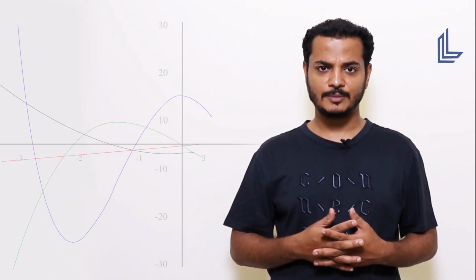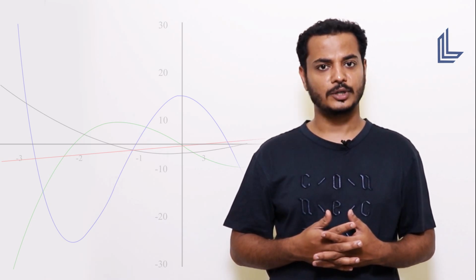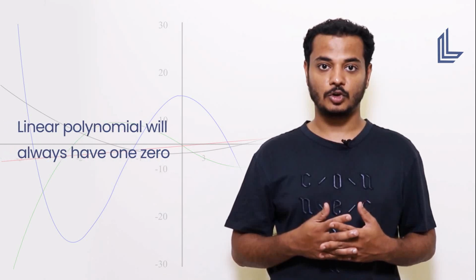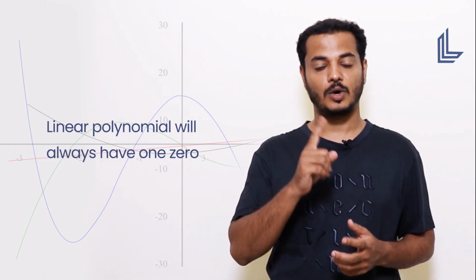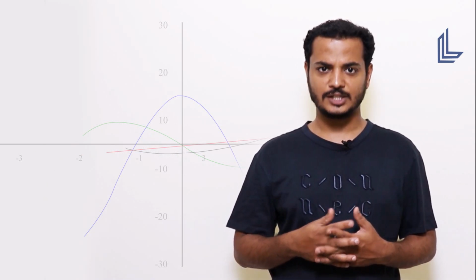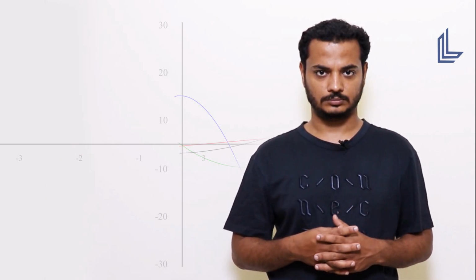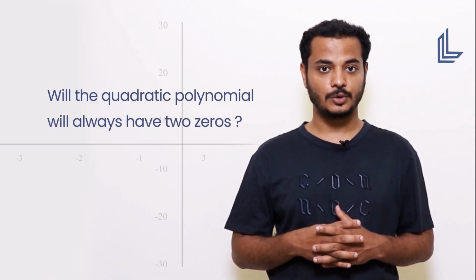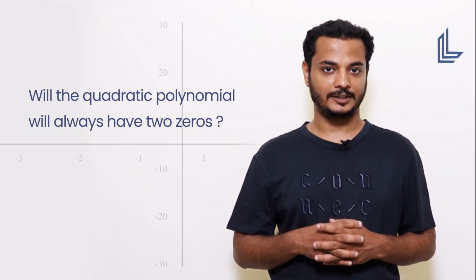In the case of a linear polynomial, we saw that there is only 1 zero, and that is always true. A linear polynomial will always have 1 zero. The quadratic polynomial example that we just saw had 2 zeros. Does that mean that a quadratic polynomial will always have 2 zeros? Think about it.